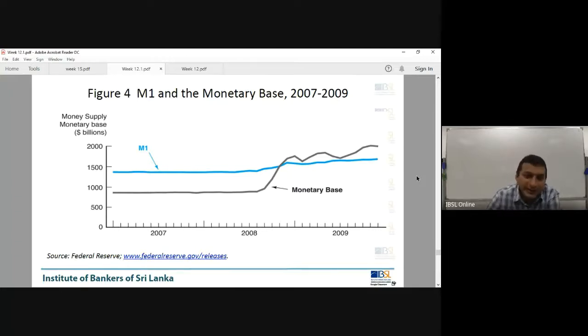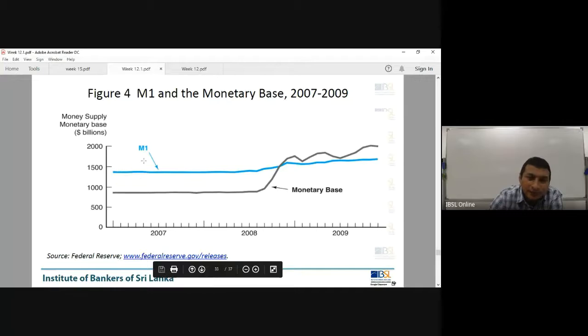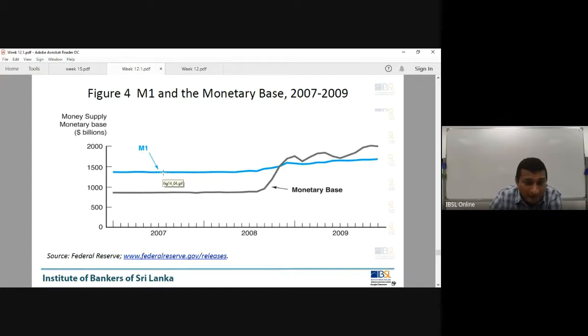So in 2007, with about 800 monetary base, M1 money supply is about 1.4. The multiplier is less than 2. It's about 1.8, I believe.